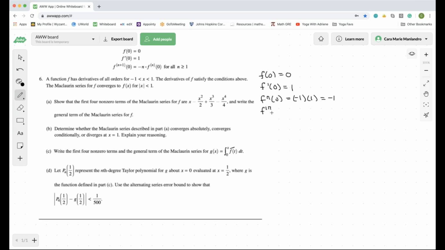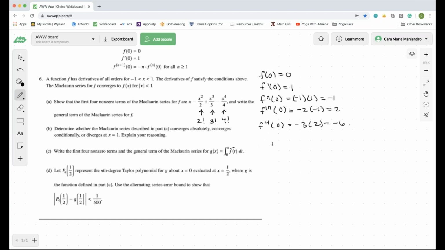And then f, my primes are getting crazy here. All right, so this is -2 times -1. Everybody seeing where I'm getting this? Remember that this is supposed to be 2 factorial, 3 factorial, right? And then your fourth derivative looks like it's -3 times 2, because again, this is supposed to be 4 factorial. So that is -6.